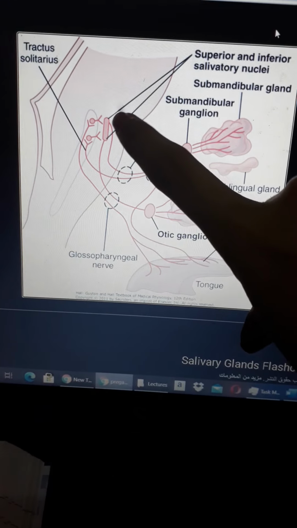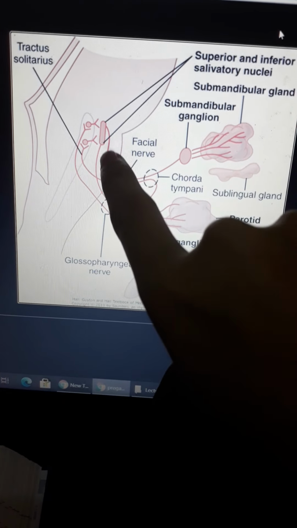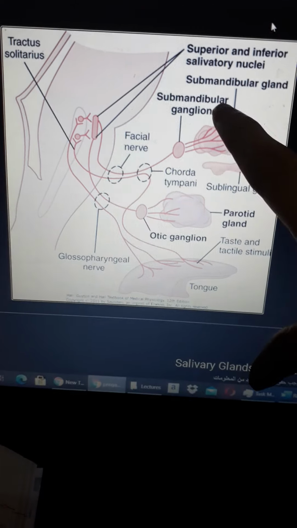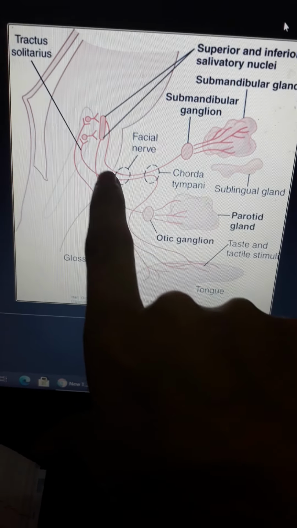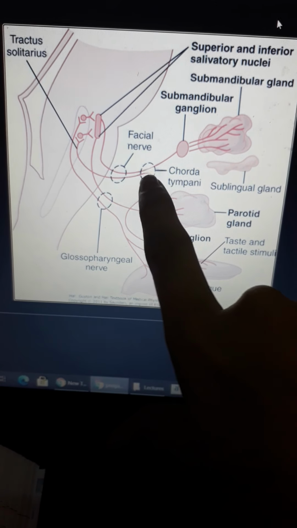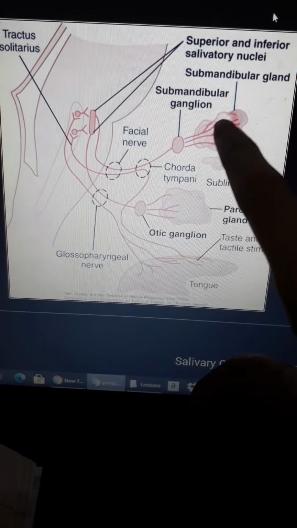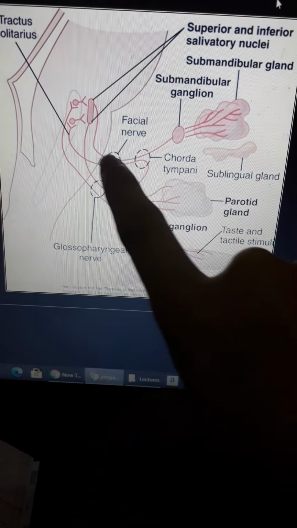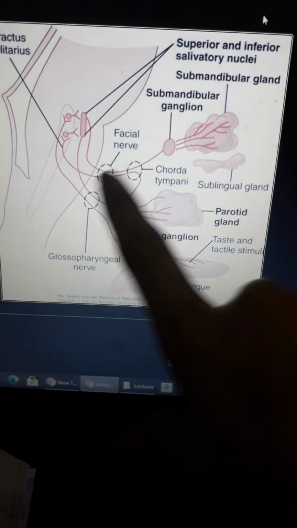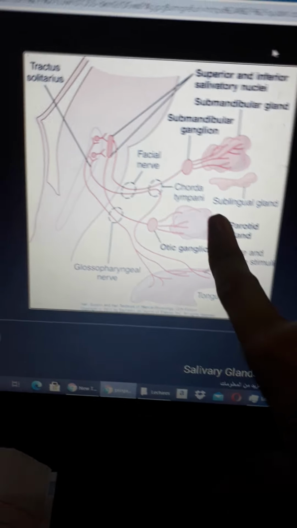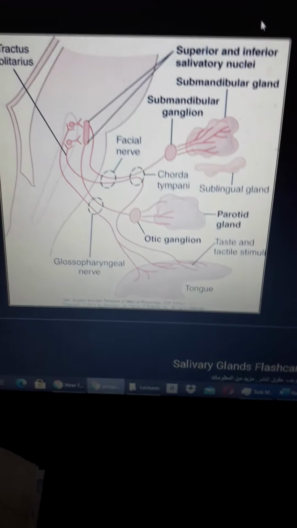The superior one, as I said before, supplies the submandibular and sublingual glands. It joins the facial nerve and meets the chorda tympani, going to the submandibular and sublingual glands.